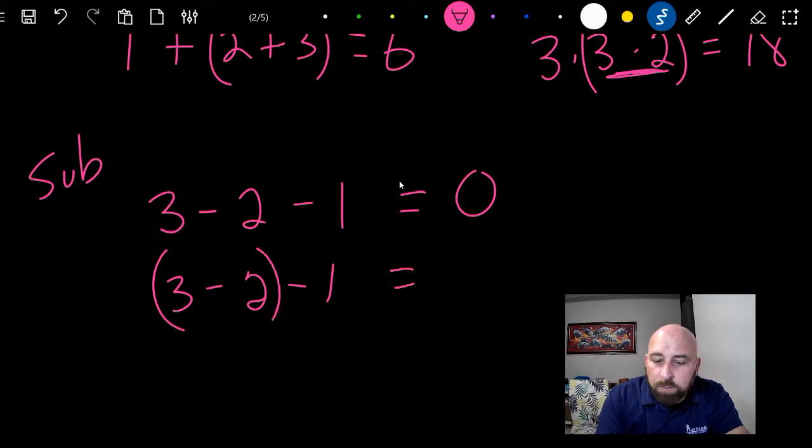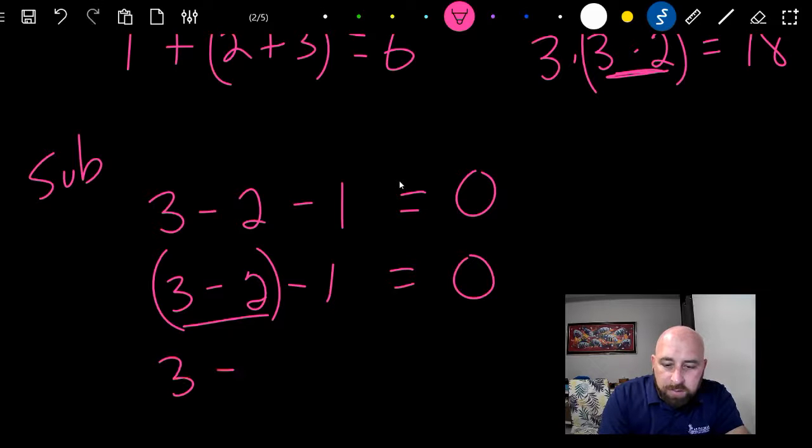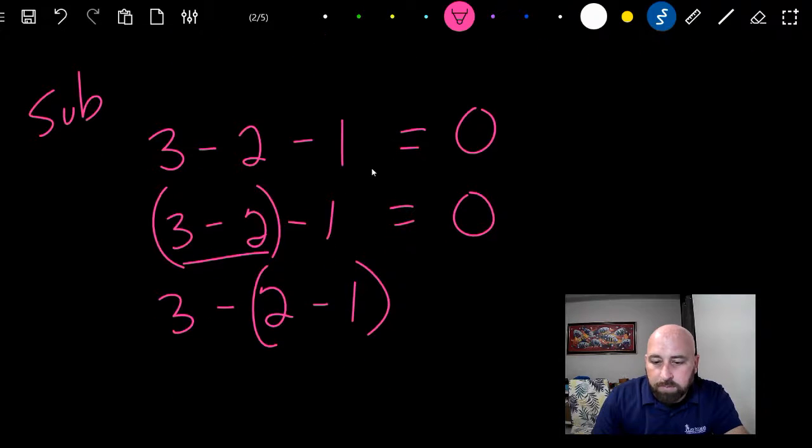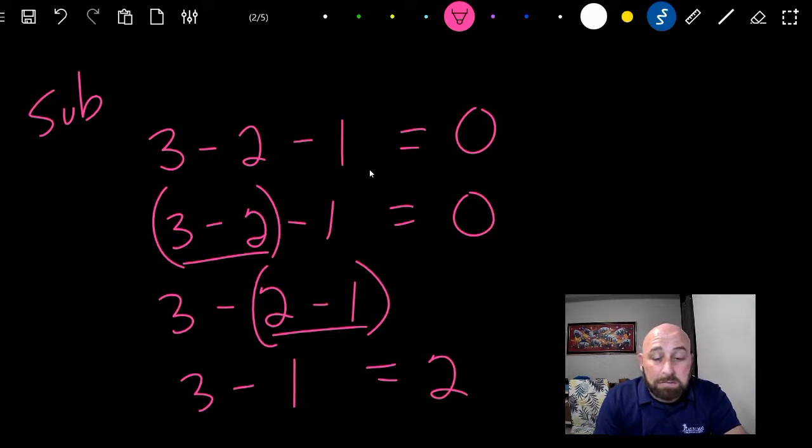If we group them like this, we also get 0 because we just do that one first. Now let's do it the other way. Let's do 3 minus 2 minus 1 grouped together. So we have to do this one first. So 2 minus 1 is 1. 3 minus 1 is 2. Whoops, that one didn't work.